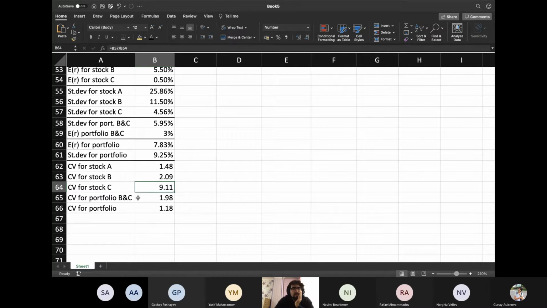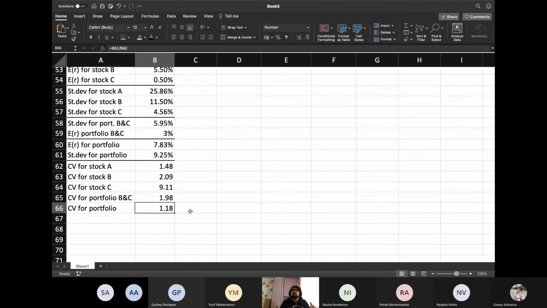In portfolio B and C, it is less than the others, but not A. But the coefficient of variation of the portfolio, I mean, for all the stocks in the portfolio, is very low. So it means that if you increase the number of stocks in your portfolio, or in other words, if you are diversifying your portfolio, the risk is shared between all the stocks.